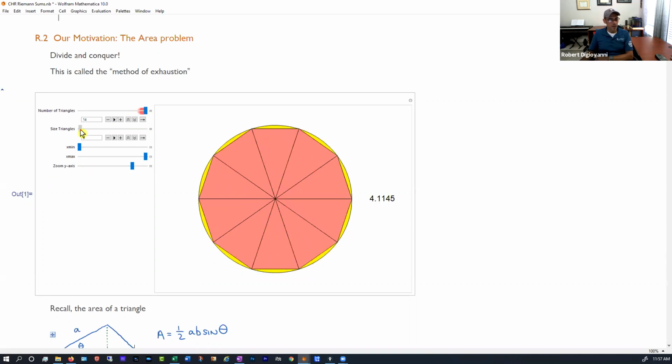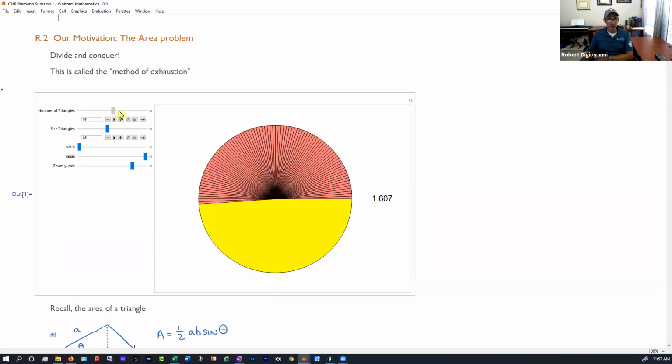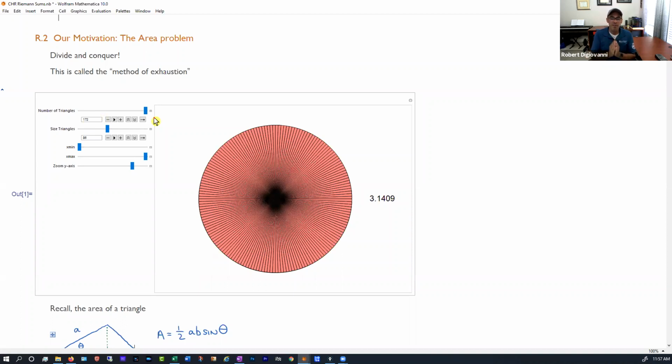And what would be better is if I could make my triangles really, really small, like that. And then start putting those triangles around the circle. Now, I've got a really good approximation, right? What would be the ideal situation then? How many triangles would I need in order to get the true area?